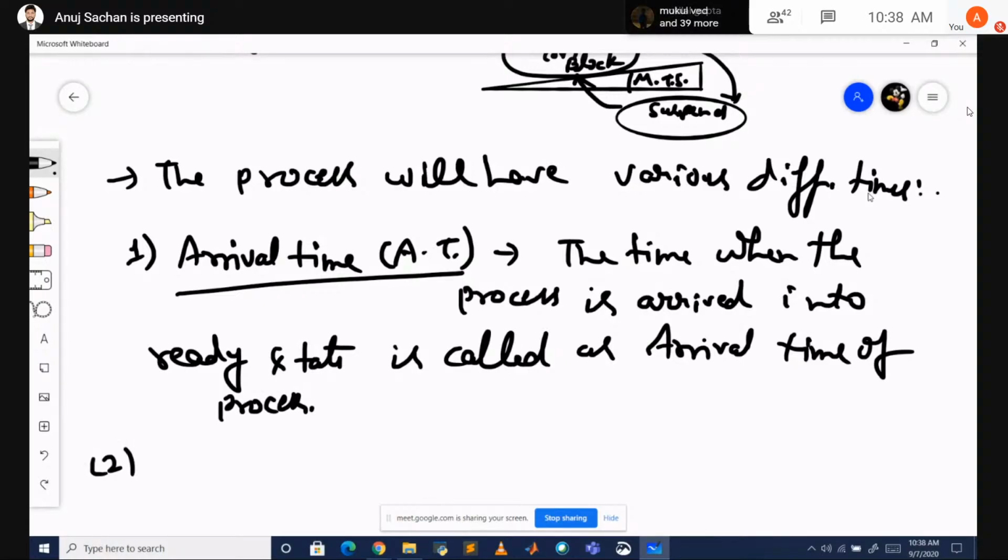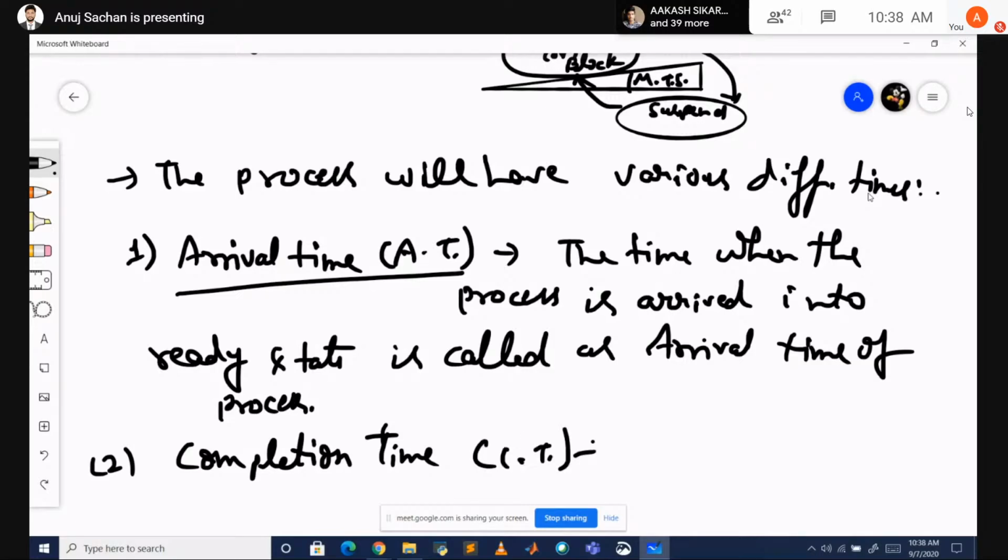दूसरा क्या होता है, कंप्लीशन टाइम। Completion time क्या होता है? The time when the process is completed its total execution.